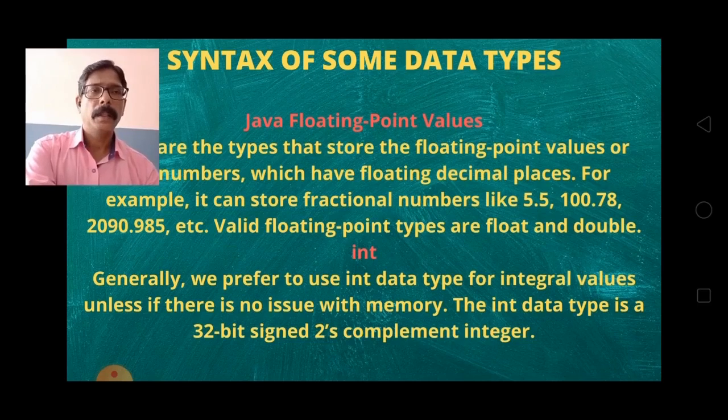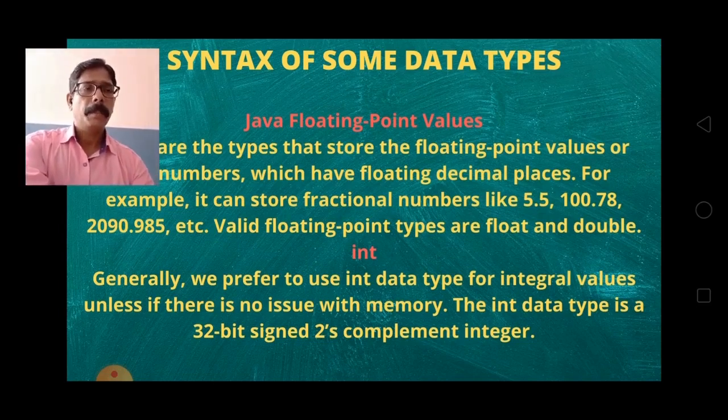For example, it can store fractional numbers like 5.5, 100.78, 2090.985. If you want to add this type of number, decimal numbers, in your program, you can select the floating point data type.